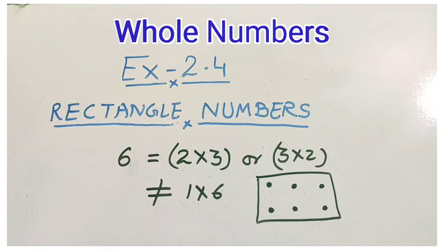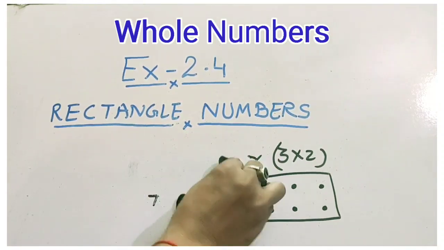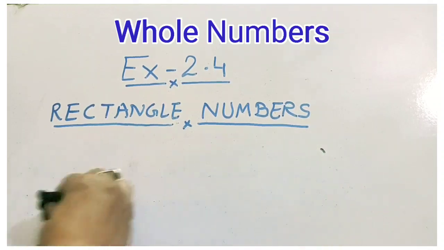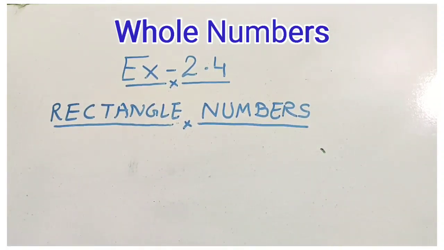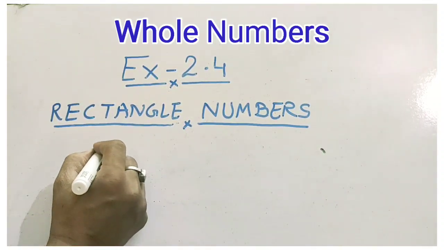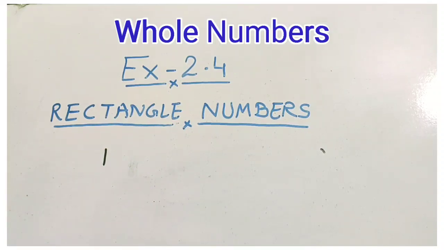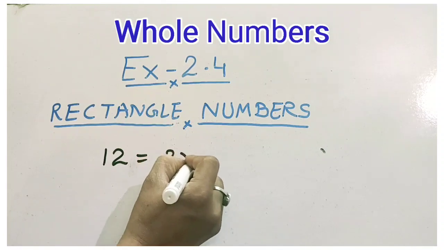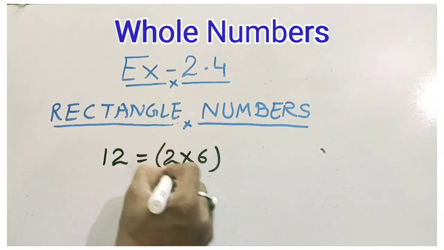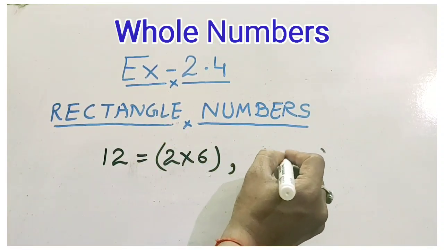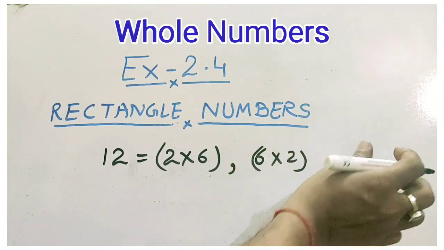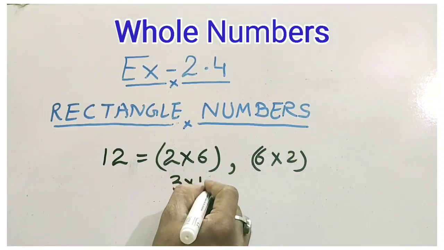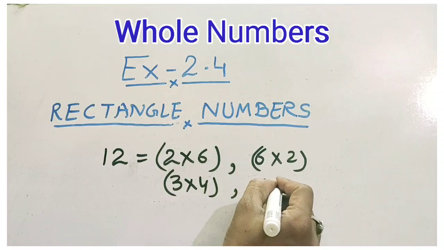Suppose we are given the number 12. Okay, बच्चों. Let's think what will be the possible pairs of 12, or possible factors of 12. Yes, 2 into 6, 6 into 2, next 3 into 4, 4 into 3.